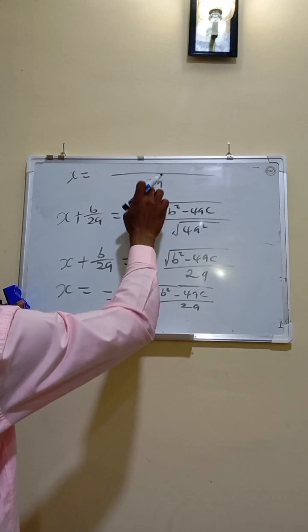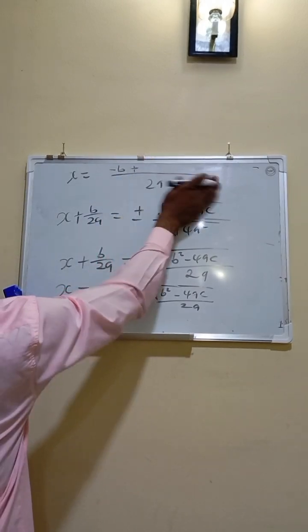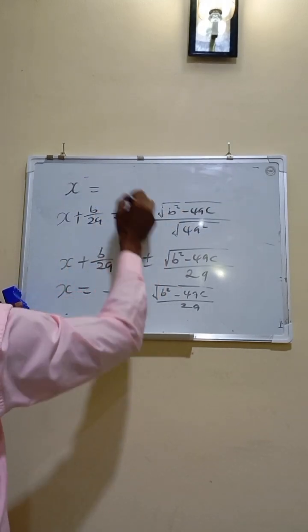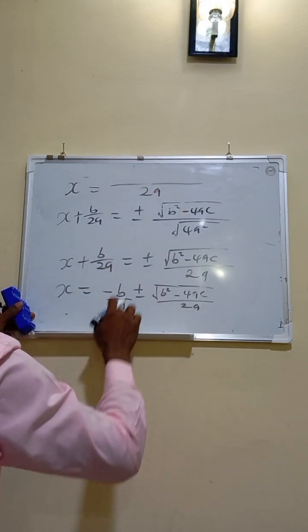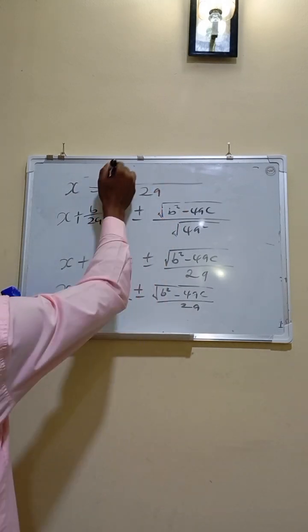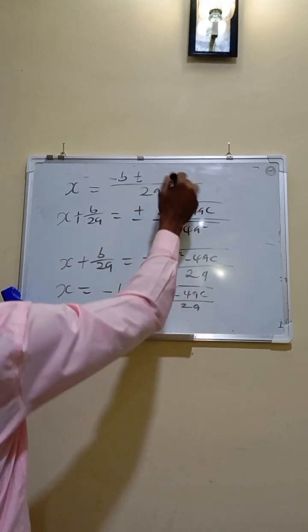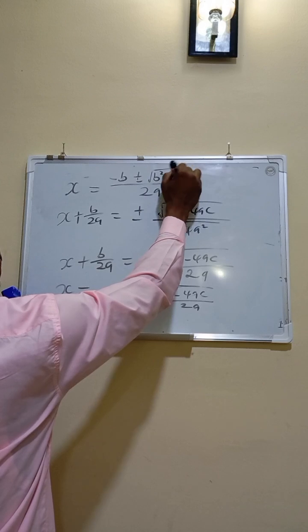This divided by this one times this, you get minus b plus or minus the square root of b squared minus 4ac.